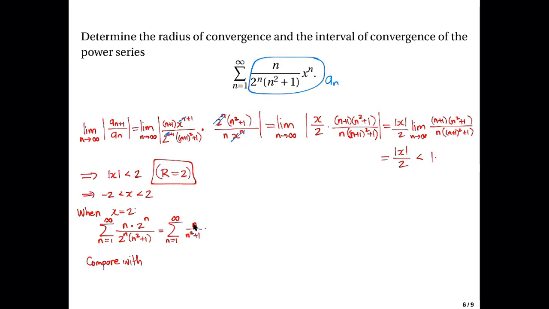The leading term in the numerator is just n, the leading term in the denominator is n squared. So n over n squared, you just have 1 over n. Which means you compare this with the harmonic series, 1 over n, n from 1 up to plus infinity. This is divergent because this is the harmonic series.